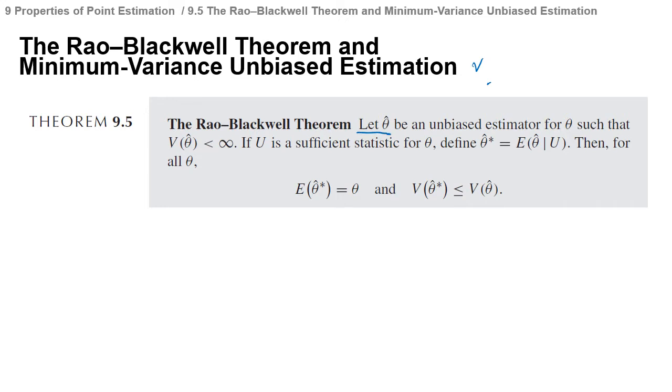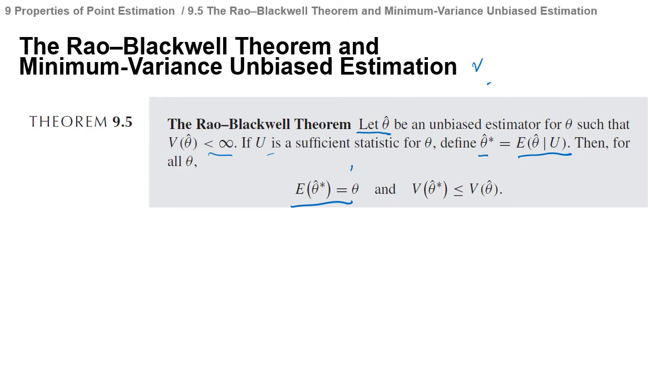Let zeta hat be an unbiased estimator for zeta, such that variance of zeta hat is less than infinity, and if U is a sufficient statistic for zeta, and if we define our zeta hat star as the conditional expectation, expected value of zeta hat given U, then for all zeta, the expected value of zeta hat star is again zeta, so it is an unbiased estimator for zeta, and variance of zeta hat star is smaller than variance of zeta hat.